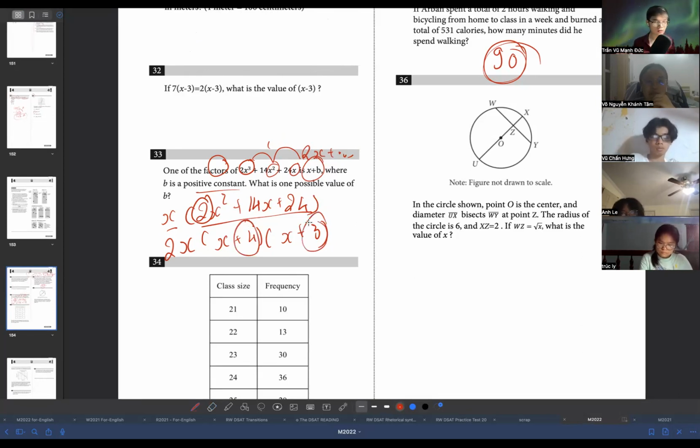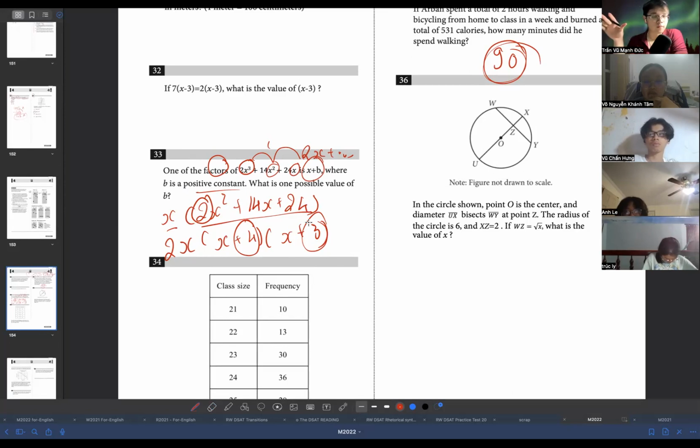Both are correct. Let me zoom in for you. 4 and 3, they are both acceptable, because this is a student's response. Remember, on the SAT, only when you're filling in a student-produced response answer can you have many possible values.